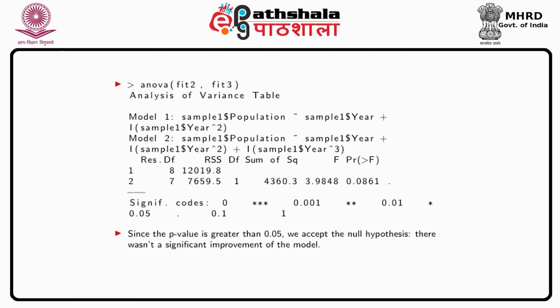Now taking a significance level of 0.05, since the p-value is greater than 0.05, we do not reject the null hypothesis, and we conclude that there wasn't a significant improvement in the model.